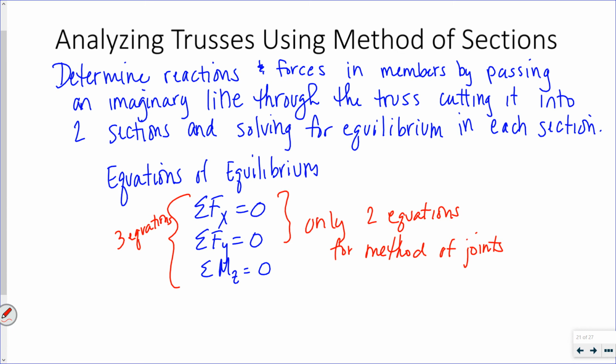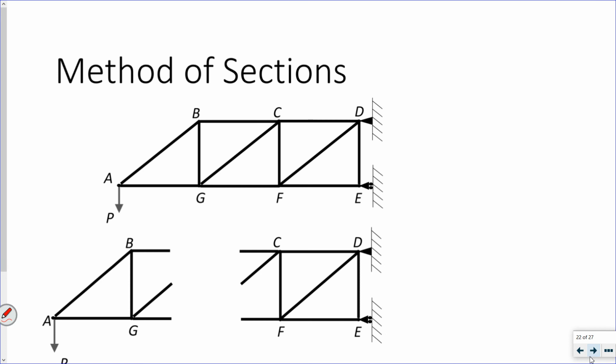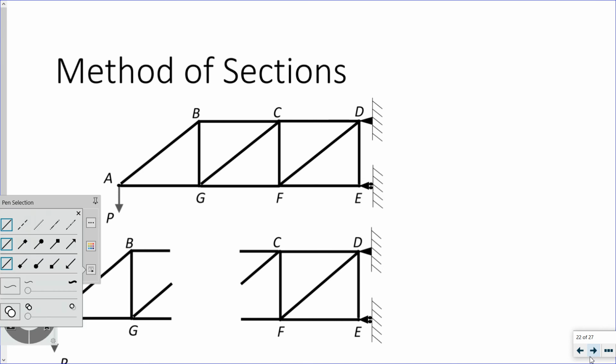So, okay. What does my method of sections look like? Let's say I take this truss and I break it up into 2 different sections.